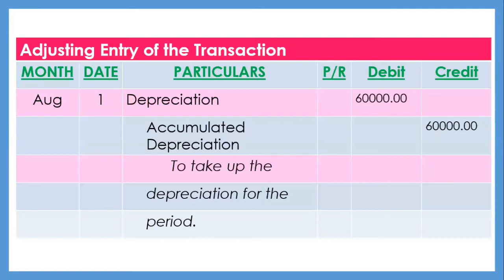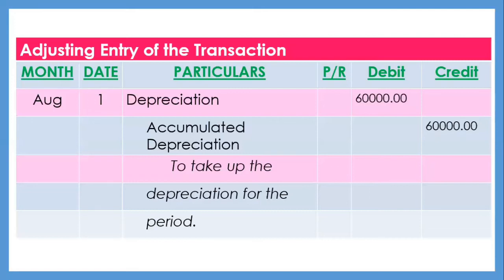Now remember, accumulated depreciation has a credit balance because it aggregates the amount of depreciation expense charged against a fixed asset.